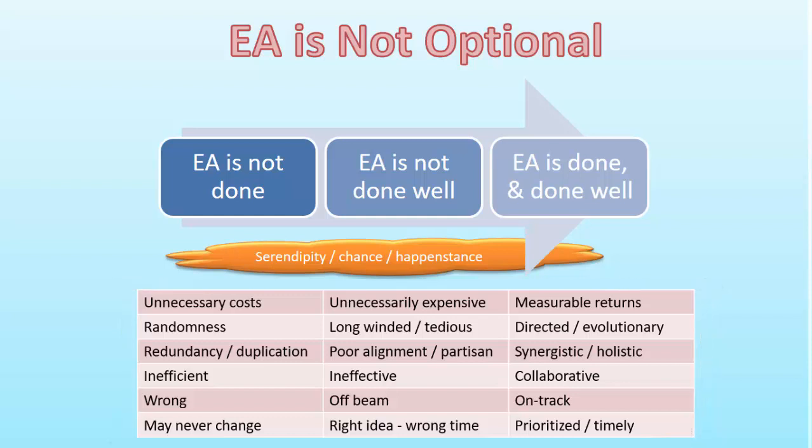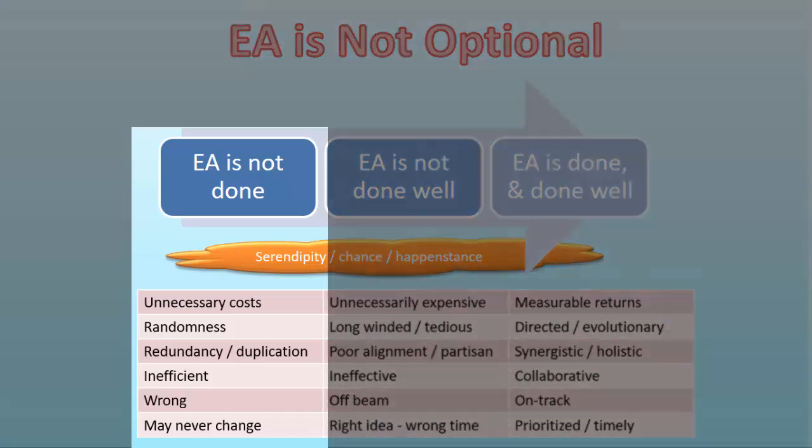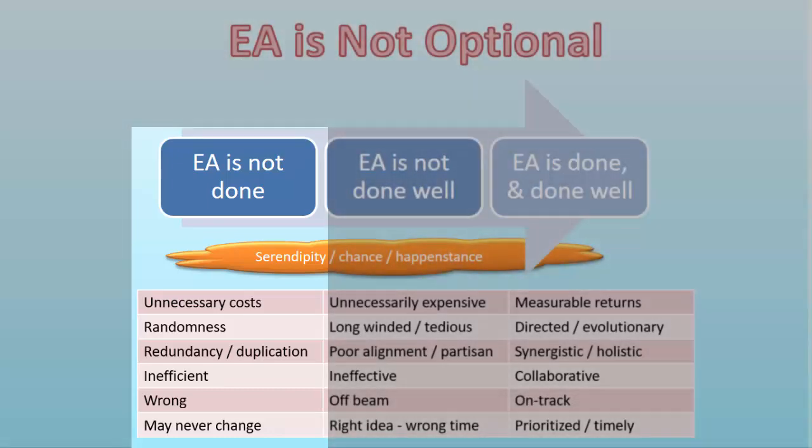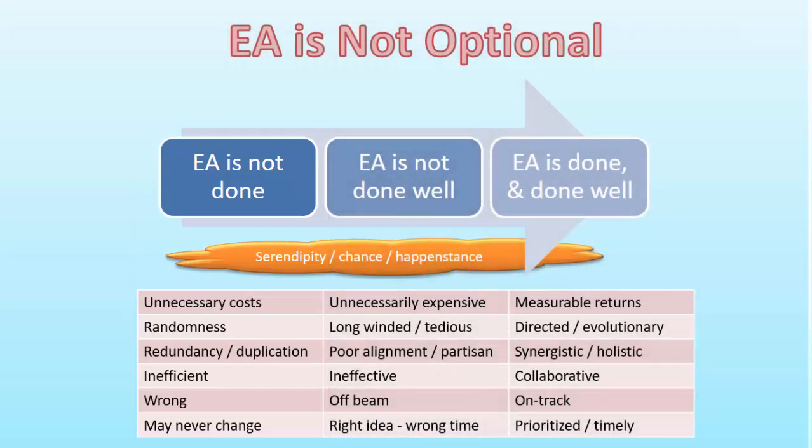Where you have a situation where enterprise architecture is simply not managed at all, there are unnecessary costs, the enterprise architecture is quite random, there's a lot of redundancy and duplication, the architecture is often inefficient, it may well be the wrong architecture, and it may never ever change. So these are all things that you have as constraints or disadvantages when you don't do enterprise architecture.